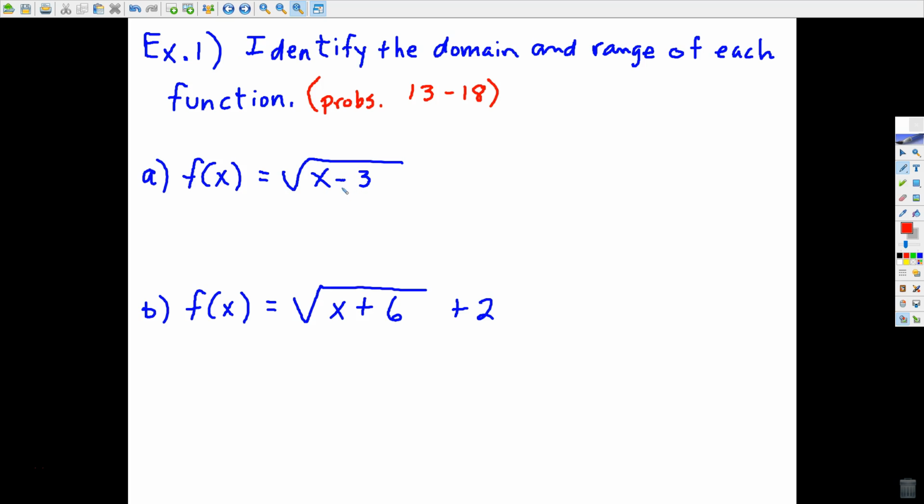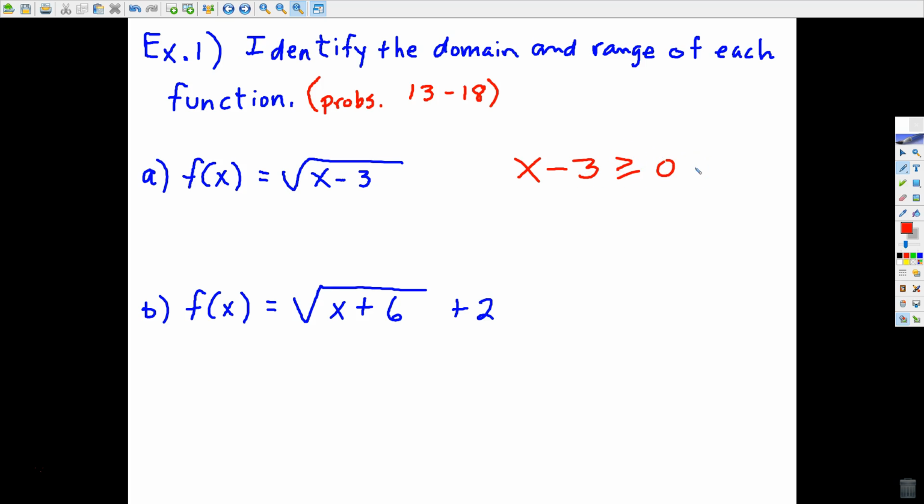That makes sense because, for example, if I let x be 0 in this first function, I'm going to get the square root of -3. And that's not real. That's impossible to plot on the real number plane, which is what we're going to be working with. So to find the domain, I'm looking for a number for x that causes this to happen.